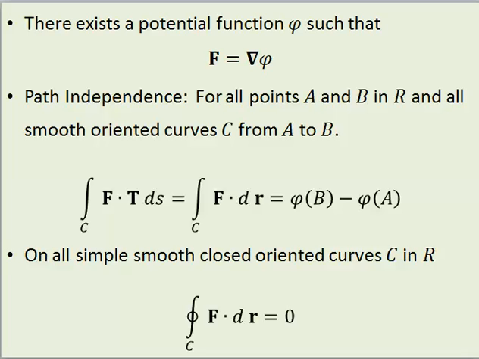Path independence for all points A and B in the region and all smooth oriented curves from A to B. The line integral over the curve is equal to the potential function evaluated at B minus the potential function evaluated at A. Or equivalently, on all smooth, simple, closed oriented curves, the line integral will be 0.